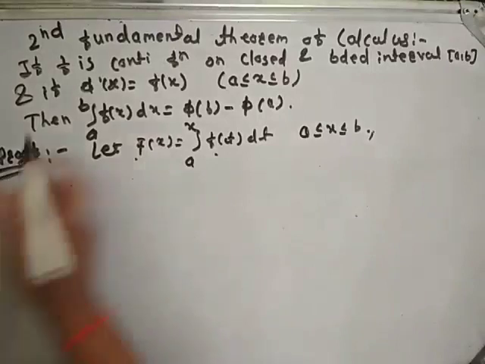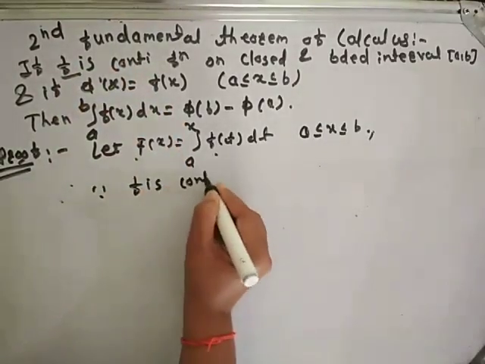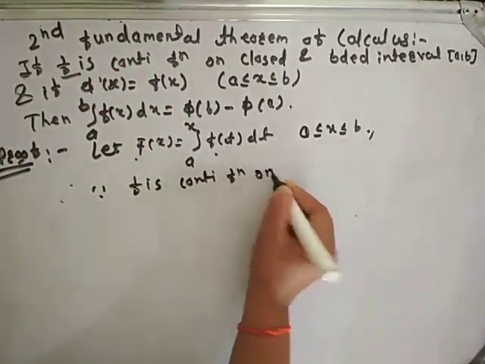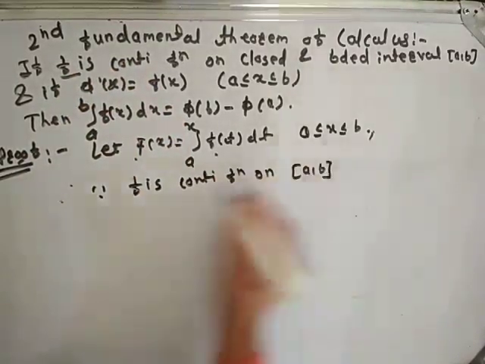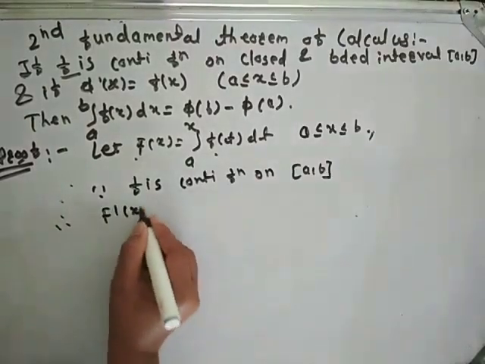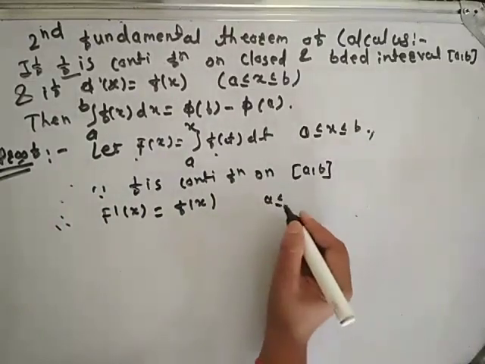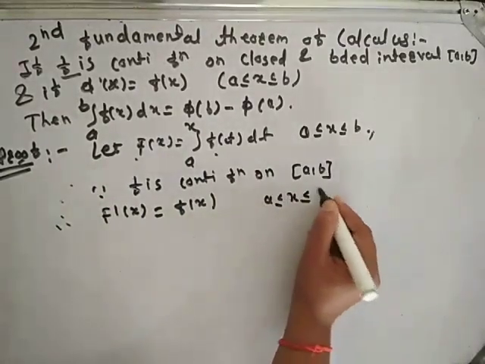Since f is a continuous function on the closed interval [a, b], therefore capital F dash of x is equal to small f of x by the first mean value theorem.